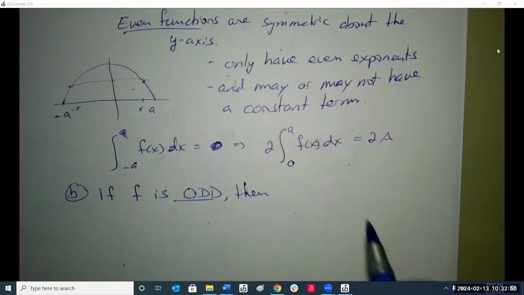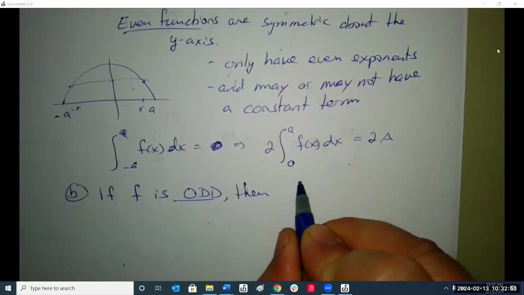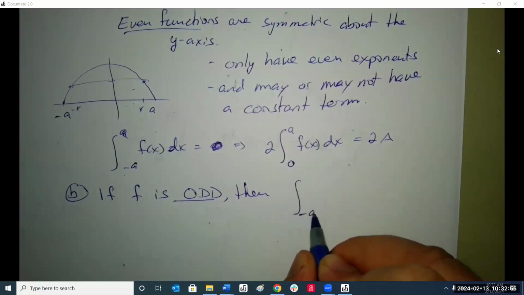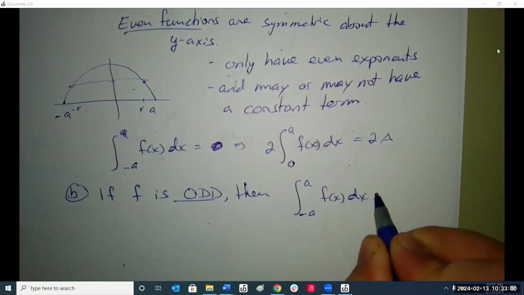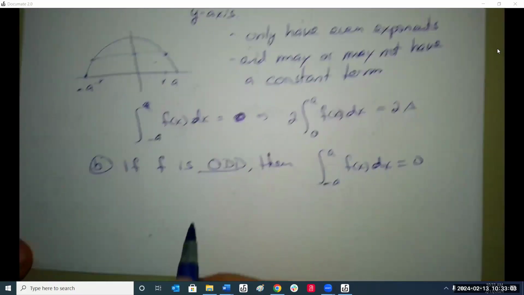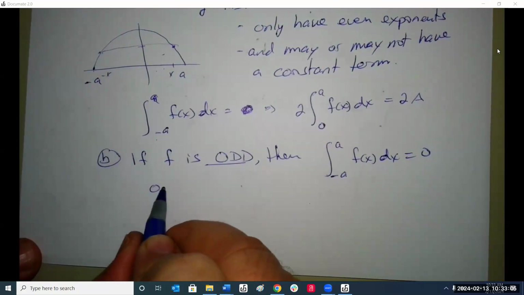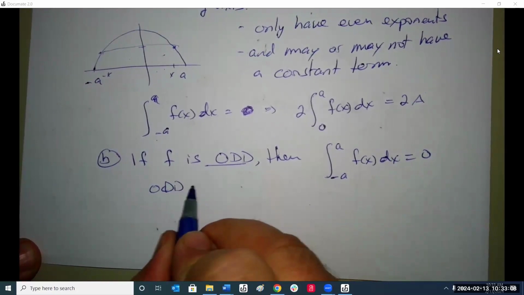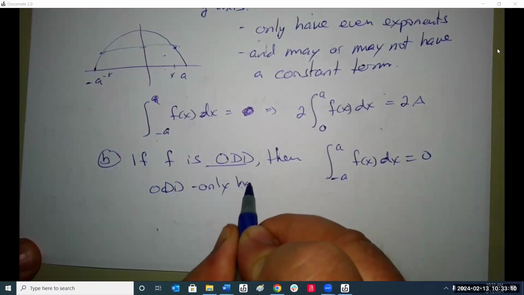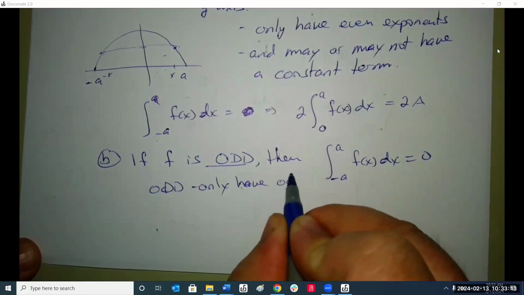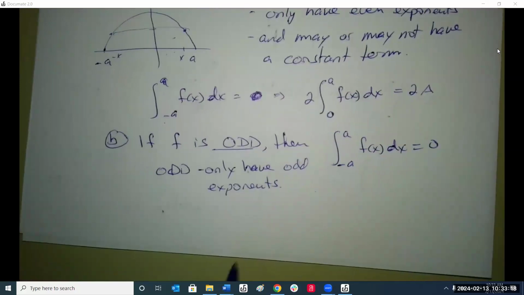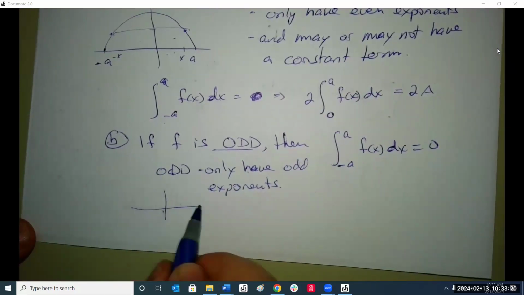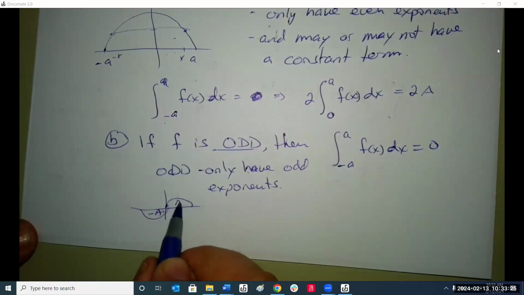Because now we're discussing odd, then the integral from negative a to a of the function is 0, because odd functions only have odd exponents. So they can be positive or they could be negative. This is negative area and positive area.